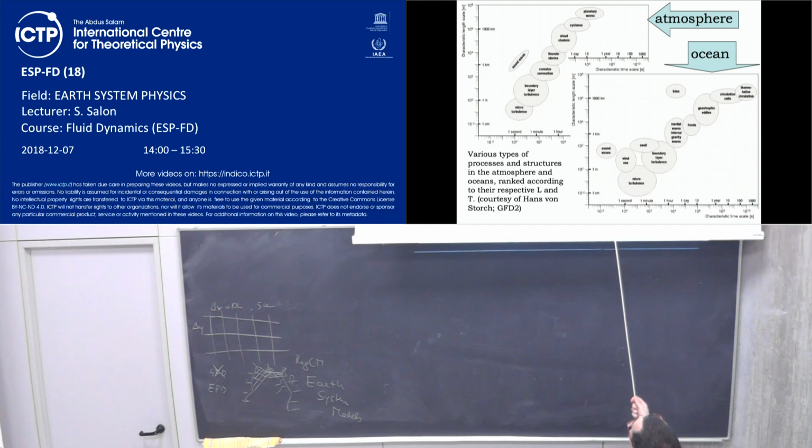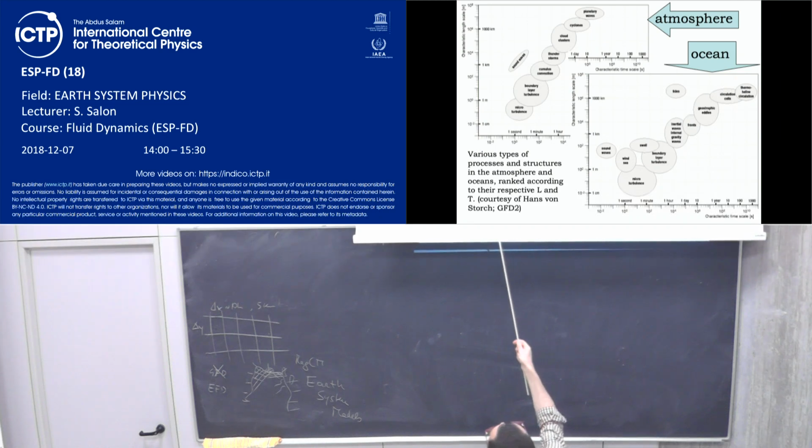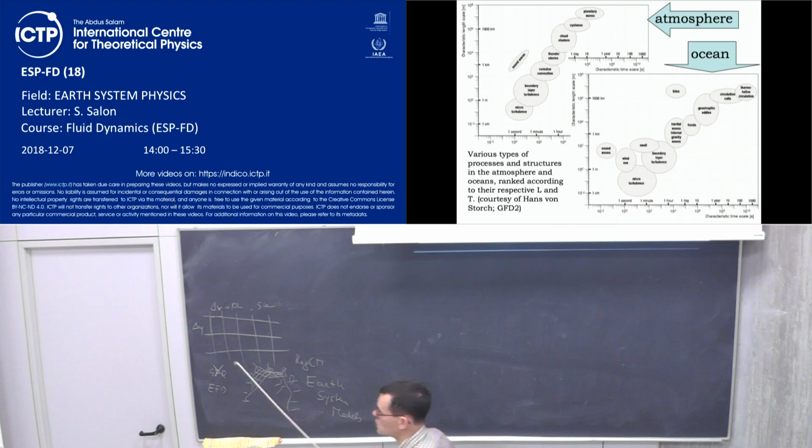Boundary layer, wind at sea, and here we have cumulus convection, thunderstorm, boundary layer turbulence.